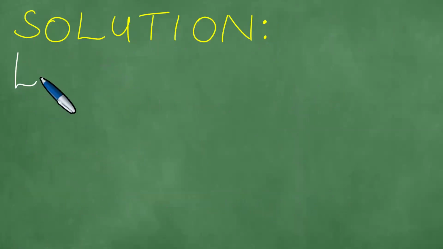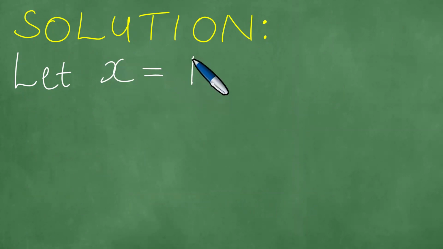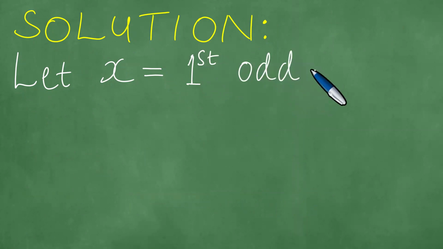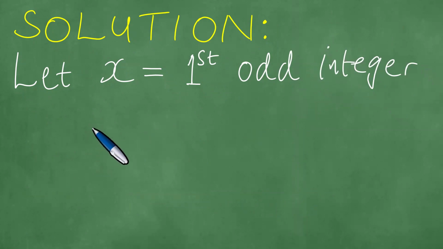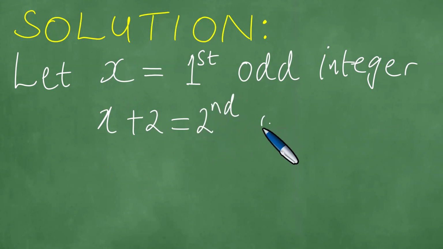To present a solution, first we let x be equal to the first odd integer. Because we're dealing with 4 consecutive odd integers, and x is the first odd integer, the next one is going to be x plus 2, which is the second odd integer.